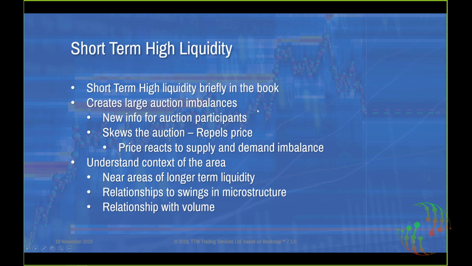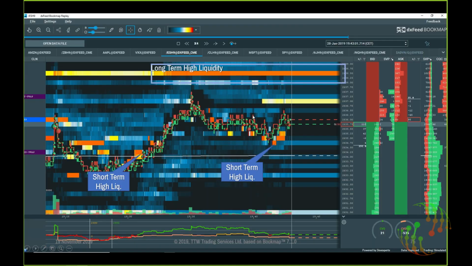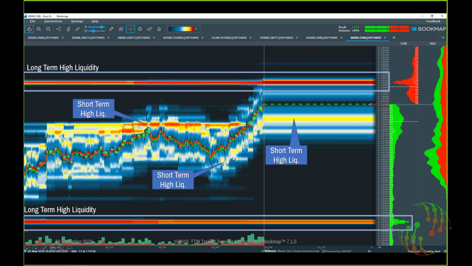Let's have a look at the short-term high liquidity. You see how short it is. Here and here and here. Short-term high liquidity from a bird's eye view here. If you zoom out, we have long-term high liquidity.